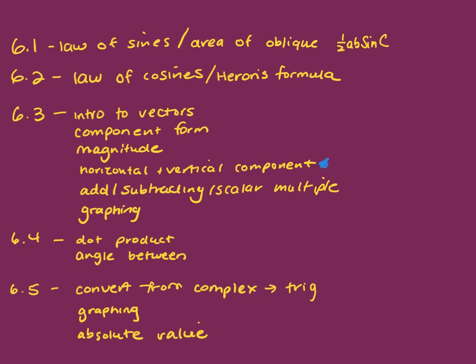So one word problem here, and then one word problem from law of sines or law of cosines, depending on your version. There's two graphing questions. One here with a u plus v or a 3u minus v or something like that, where I'll give you the graph of u and v and then you've got to do it. And then the second is when we're graphing our complex, which is literally just a coordinate point.